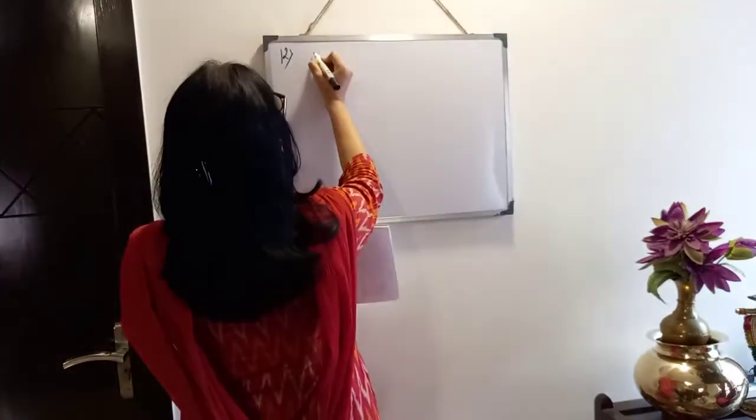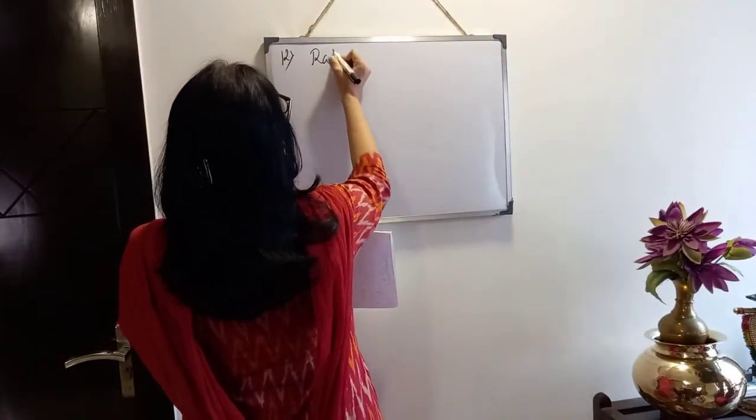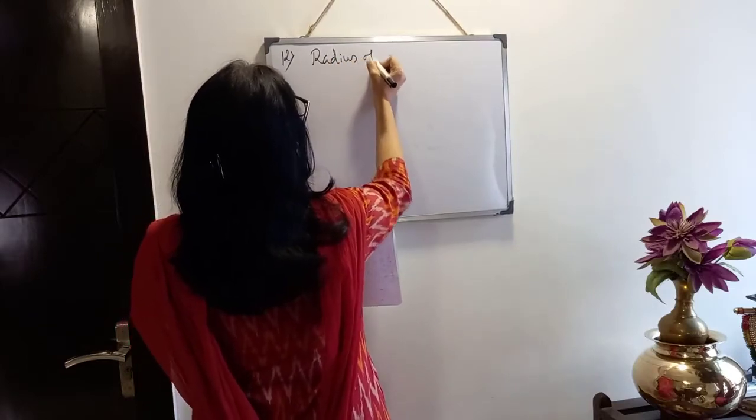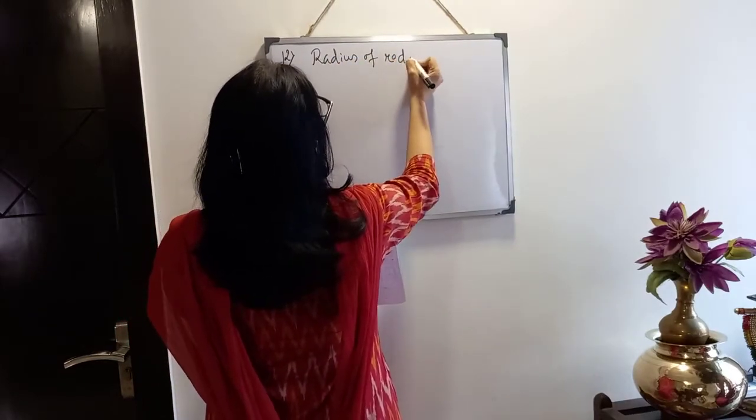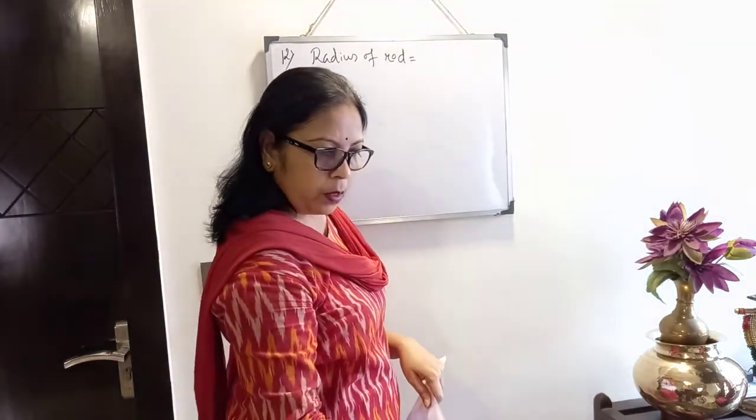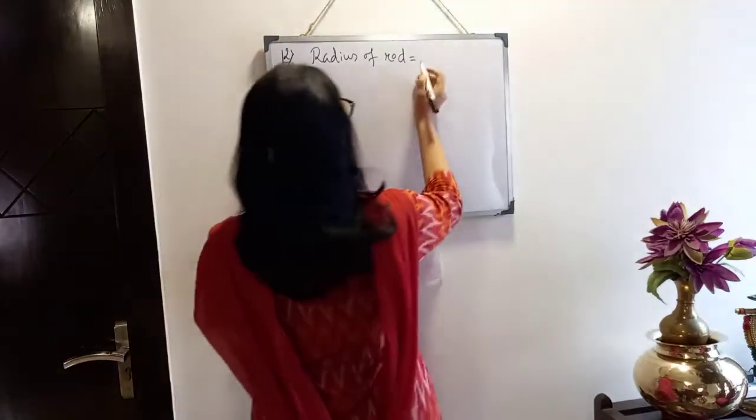What is given? Length of radius of solid right circular rod. Radius of rod is 3.2 decimeter.